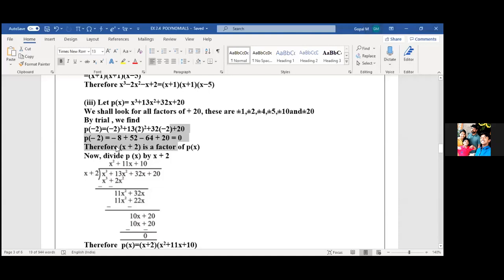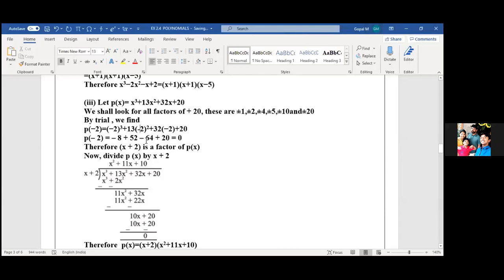I'll take minus 2 here. I'll apply. Minus 2 whole cube is minus 8. And minus 2 whole square is 4. 13 fours are 52. And 32 into minus 2 is minus 64, and plus 20.